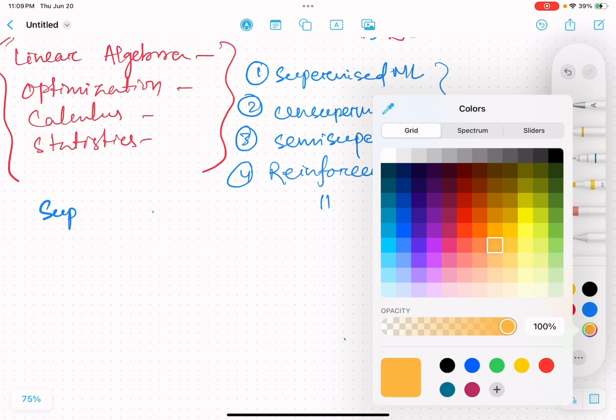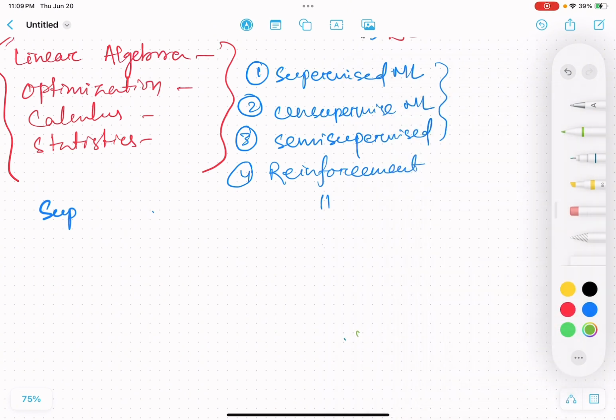I will first assign some colors because it looks very beautiful. Anyway, let's use black.